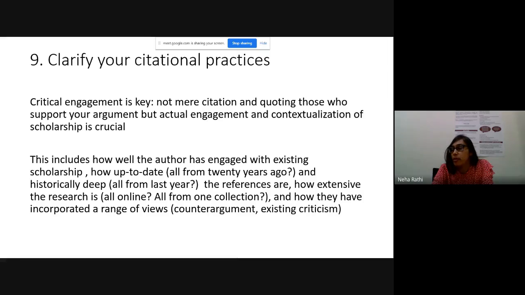This is the way you counter-argue: in times of Ebola, this was the case, but in COVID, we see this. So you have to see how you utilize your literature well and how they have incorporated a range of views, counter arguments, existing criticism. For example, I don't know if you've heard about these feeding styles: authoritative, authoritarian, permissive.